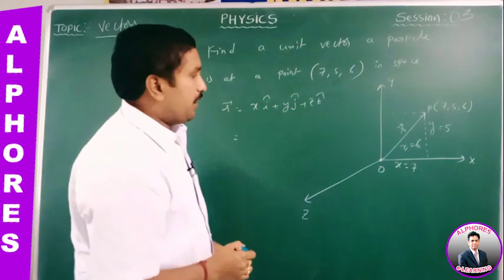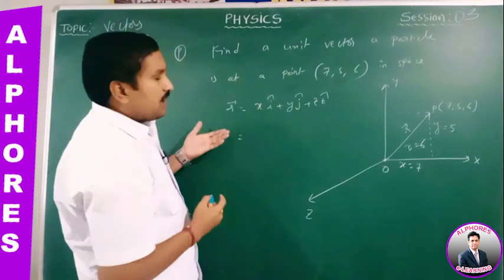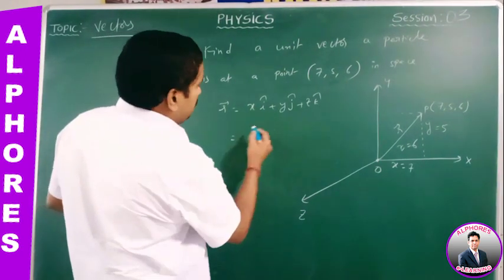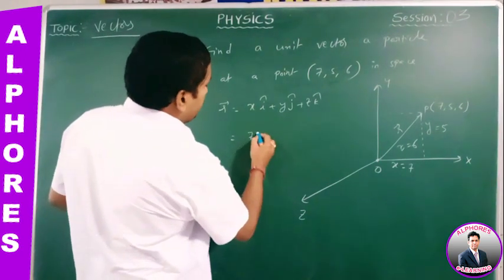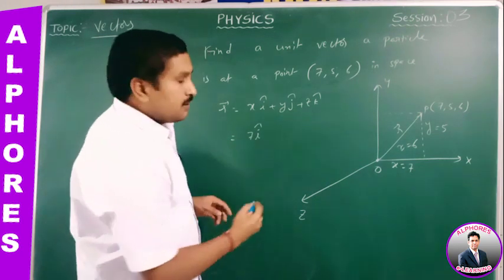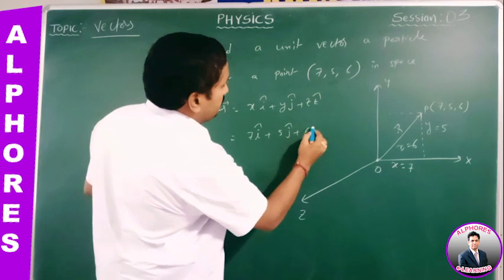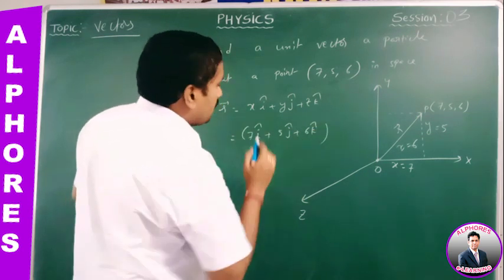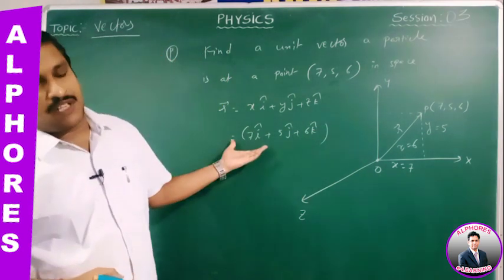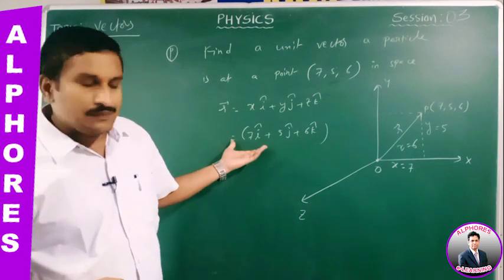So the position vector is 7 i cap plus 5 j cap plus 6 k cap. This is the expression for the position vector of the particle given in space.